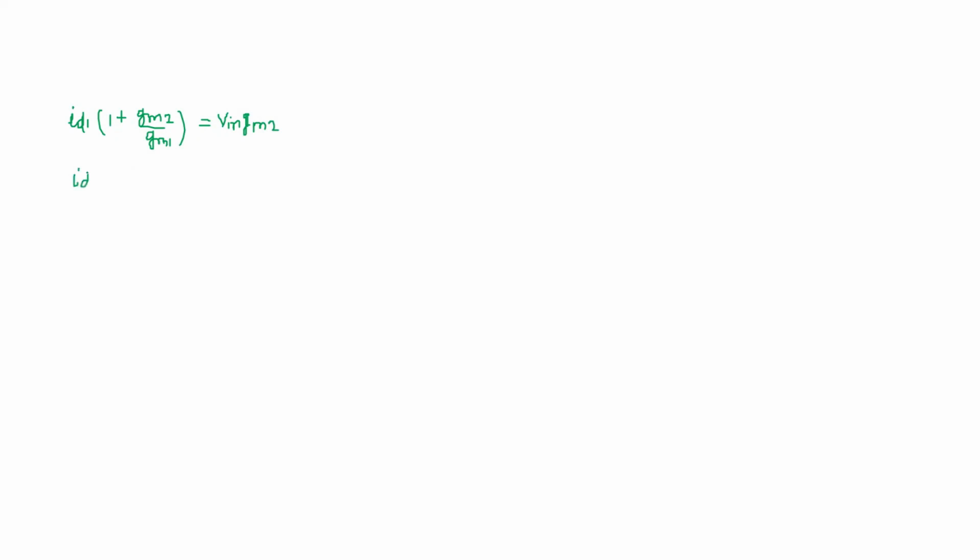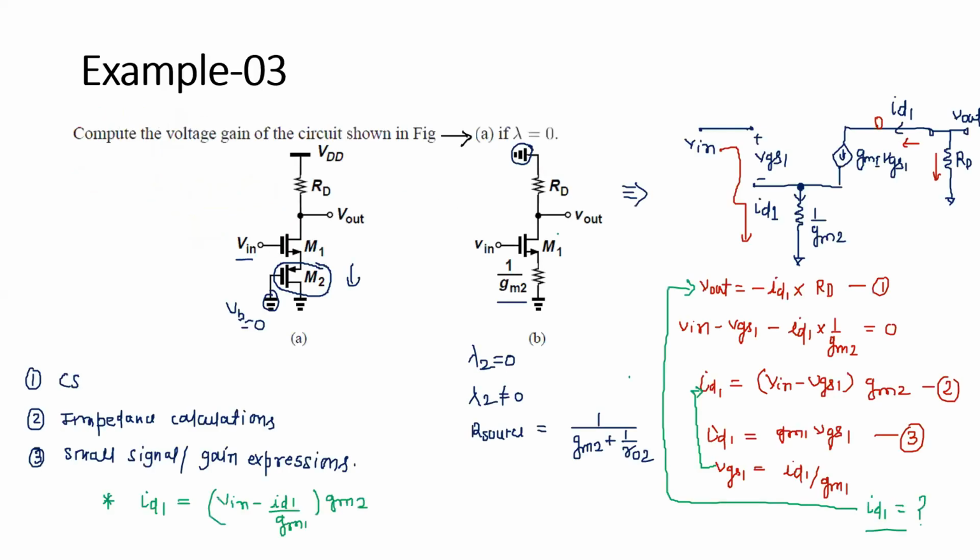So from here, ID1 is gm1 gm2 Vin divided by gm1 plus gm2. This is your ID1.